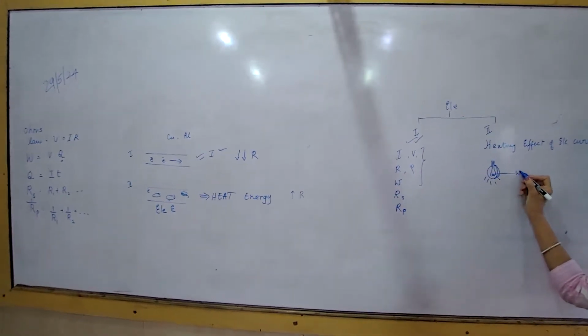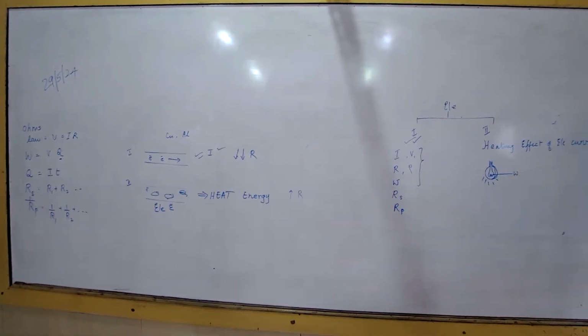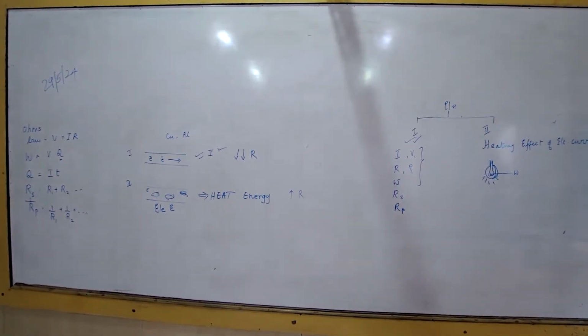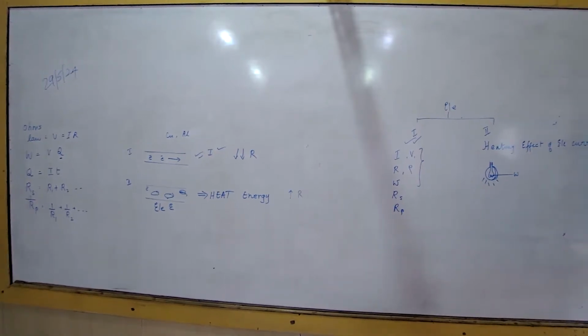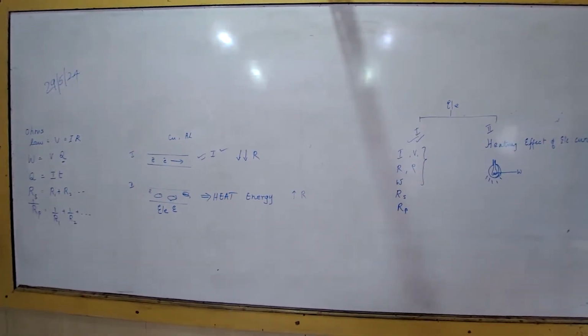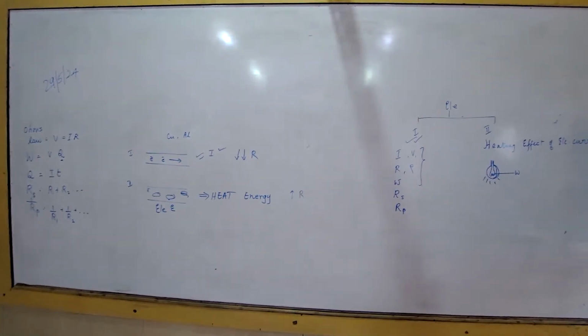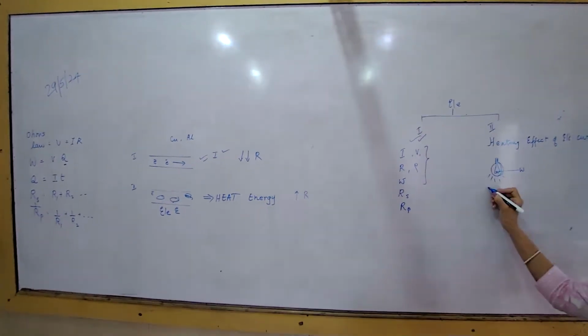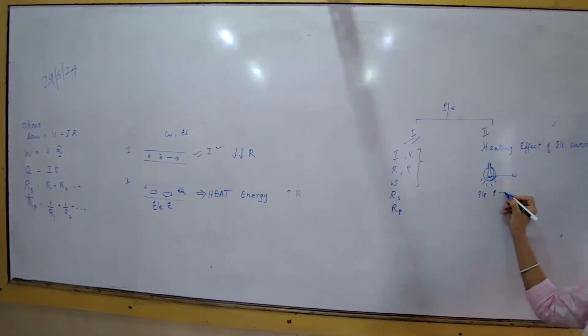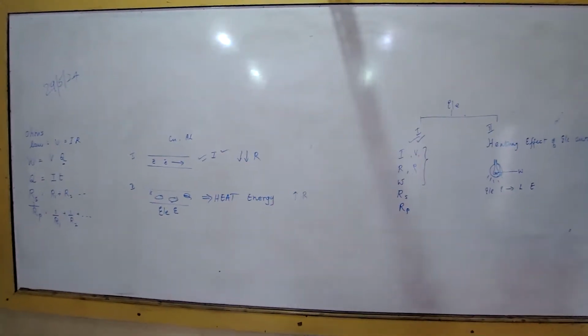Such filaments are used because when the current passes through, this tungsten filament becomes red hot. It becomes hot and therefore it is able to emit light. So in this particular purpose, your electrical energy is getting converted into light energy. Have you followed?